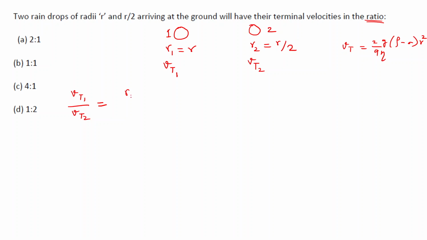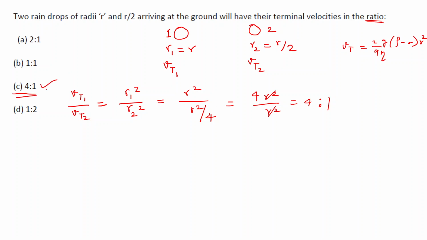So it will be the radius of the first drop to the radius of the second drop, squared. And what are those radii? R1 is r, so square of that, and R2 is r by 2, so r square by 4. Solving this, 4r square by r square, that means 4:1 would be the ratio of terminal velocities of these two drops. This is the correct answer, answer C.